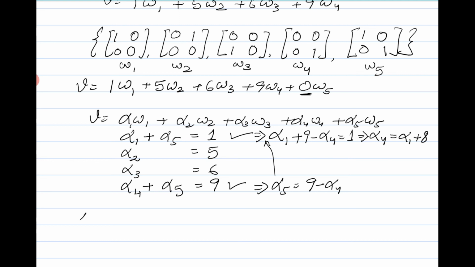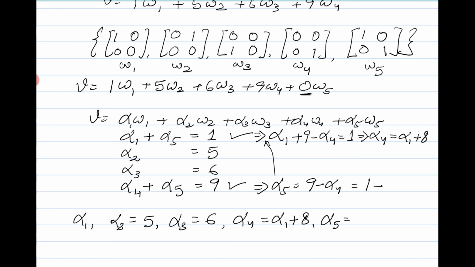Okay, so with alpha 2 equal to 5, alpha 3 equal to 6, alpha 4 equal to alpha 1 plus 8, and alpha 5 equal to, I guess, 1 minus alpha 1, right?